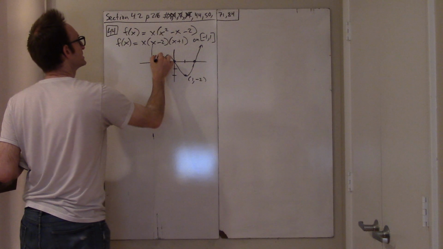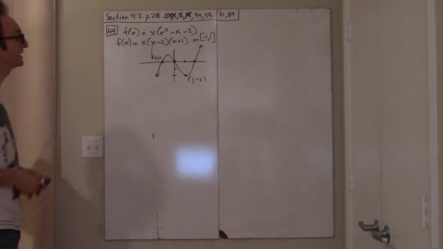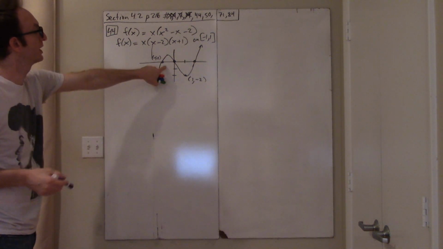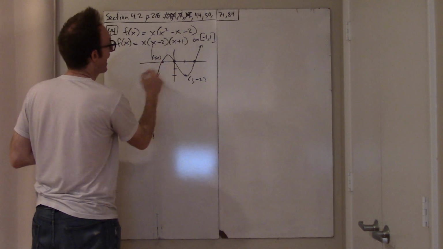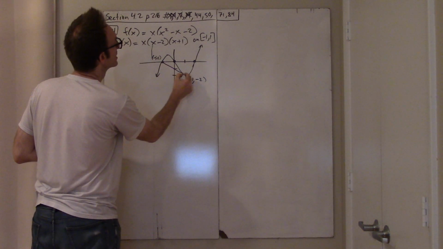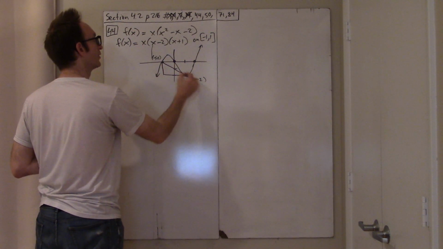So that's -1, 0. Okay, and what should we be saying about this function? Well, on the interval -1, 1, this function changes. And by how much does it change? Well, it goes down 2 and over 2.